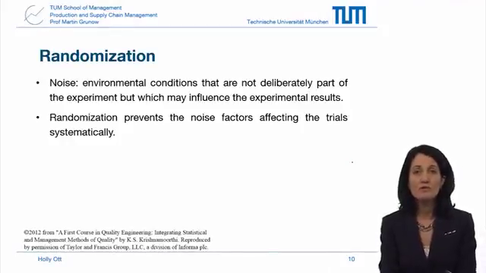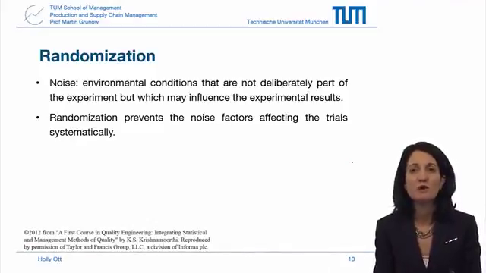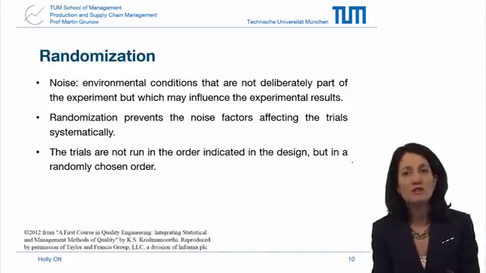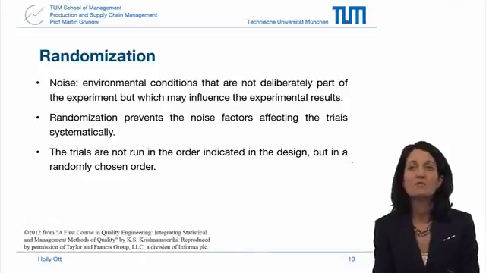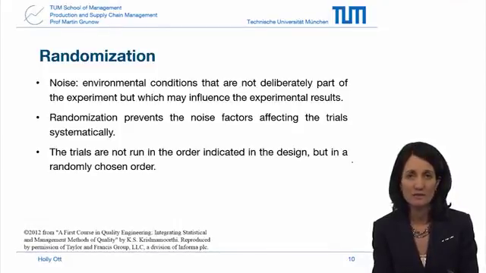So to remove, or at least to minimize the effect of noise, the trials must be randomized. In other words, the trials are not run in the order indicated in the design. Instead, they are run in a randomly chosen order. Randomizing prevents the noise factors from affecting the trial systematically and minimizes the influence of noise factors on the trial outcomes.